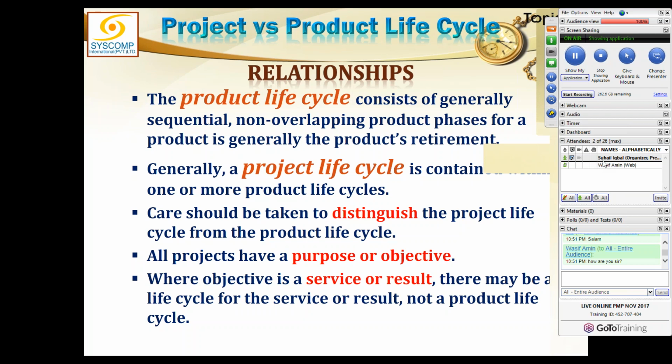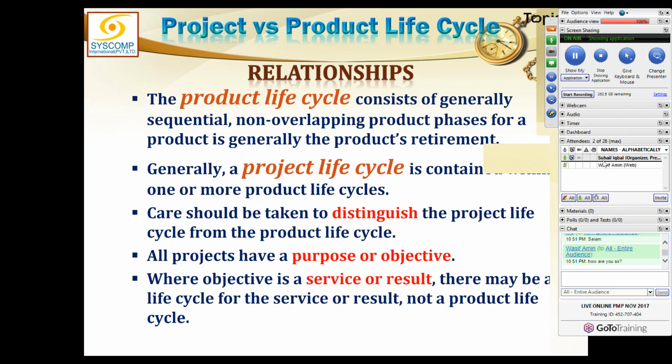It was basically the idea of the product which was first conceived, and somebody did some research on that, some business case development, feasibilities and all that, and ultimately they came up with the idea that this is feasible and we should do it. And that was the time when the project life cycle started.